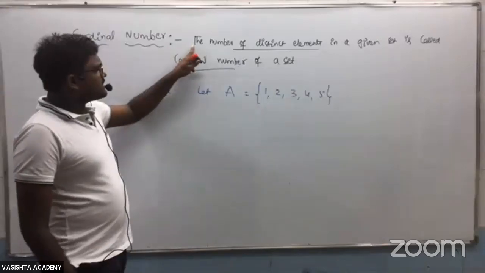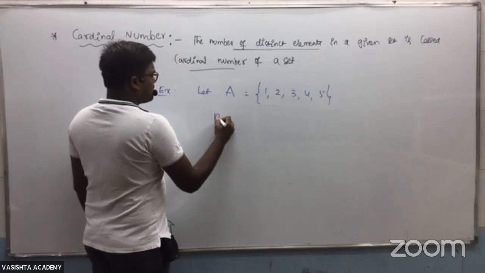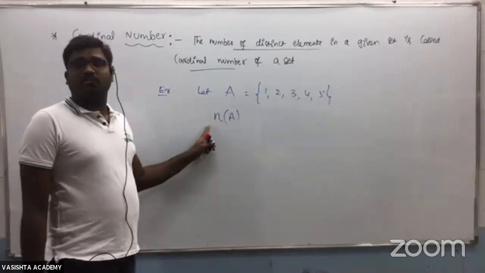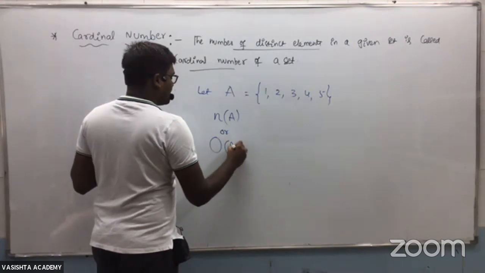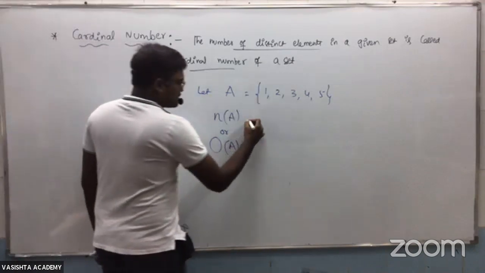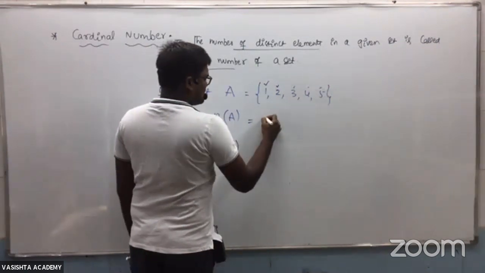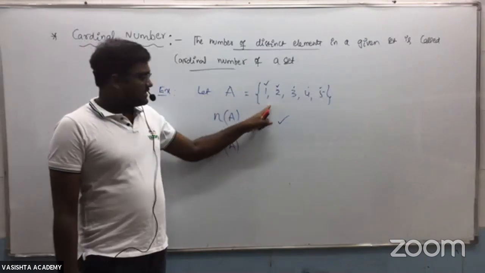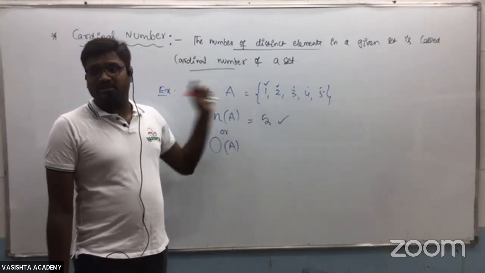Usually, cardinal number is denoted by n of A. N is like, you can think of it as number of elements in A. In some books, they use this notation also: capital O, order of the set. Order or cardinal number. So, can you tell me how many elements you can see here? Distinct elements. 1, 2, 3, 4, 5 elements. So, the cardinal number of this set is 5 because this set A contains 5 distinct elements.